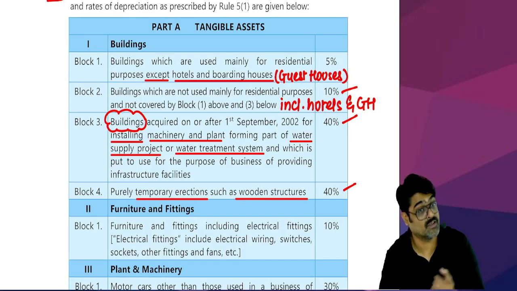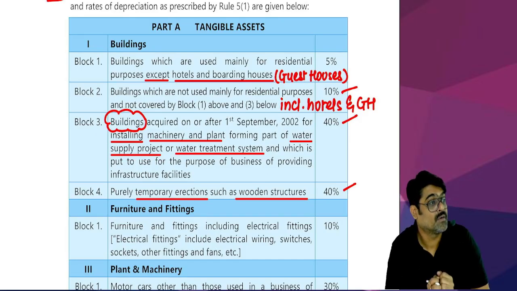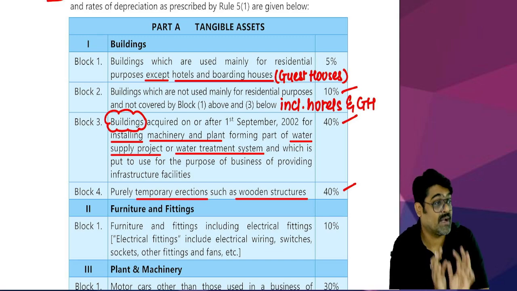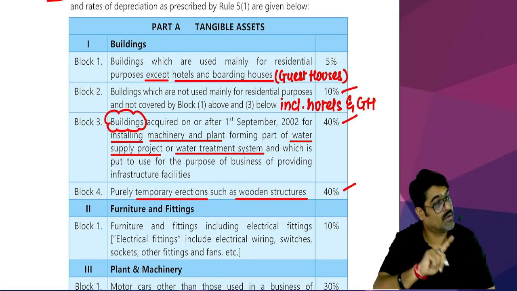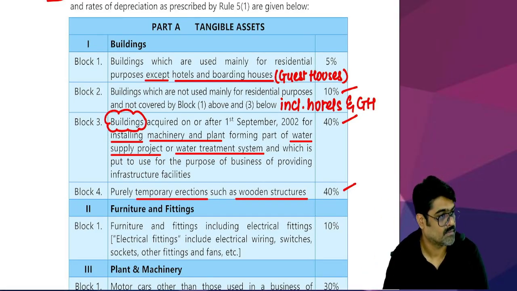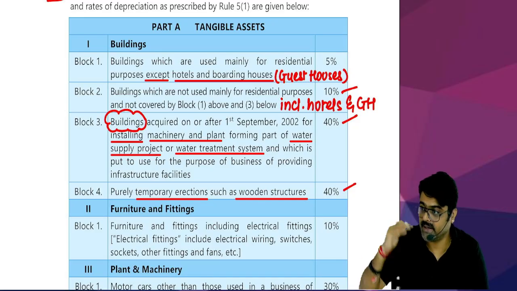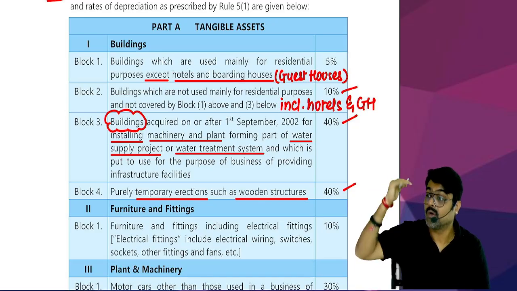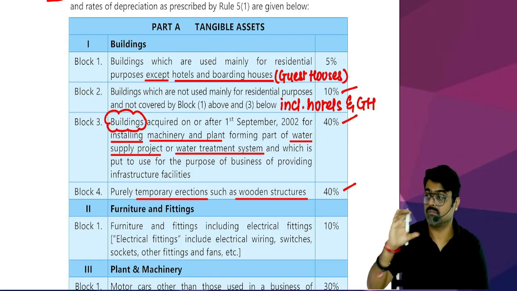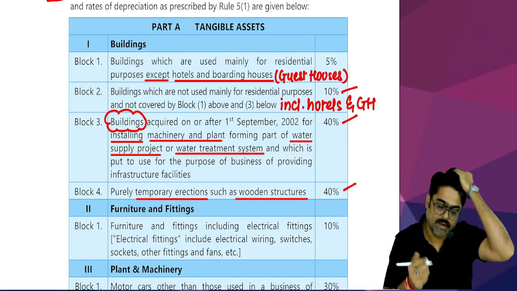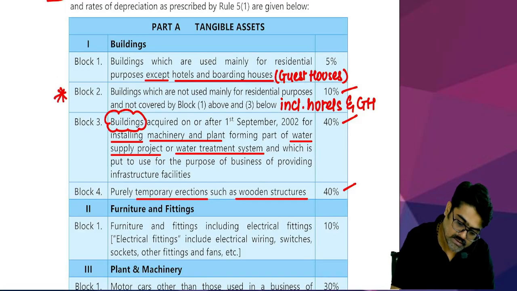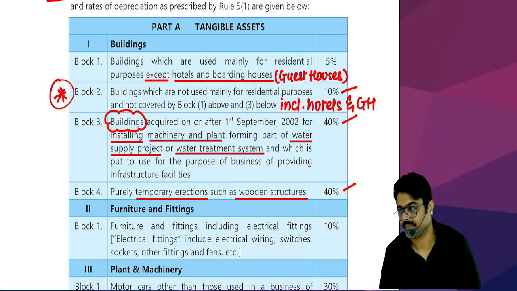And if they are saying that this building is used for installation of water treatment plant or any plant and machinery for water project, water system, then for that building you are supposed to apply 40%. Understanding? So how many rates? 4 rates. 4 different types of blocks of building can be created. But only one rate is very important for you. Remember this rate.